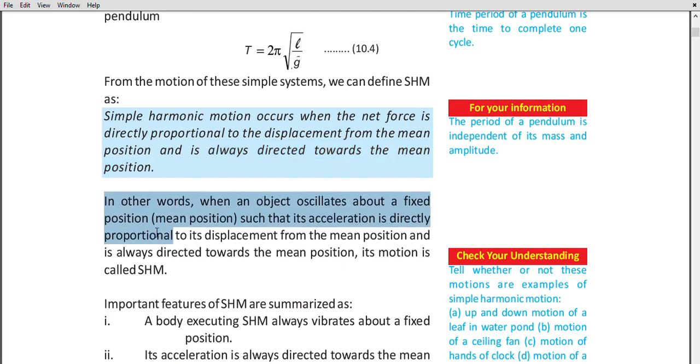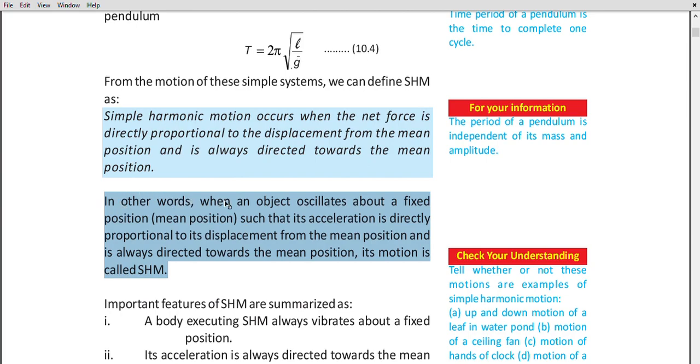In other words, the definition can be expressed differently, because force and acceleration are linked with each other. In Newton's second law of motion, we have discussed that when a net force is applied on a body, acceleration is produced. So we define simple harmonic motion in terms of acceleration as well.